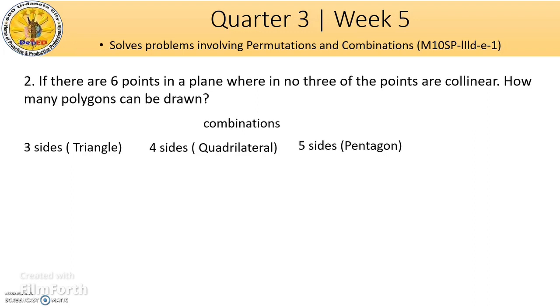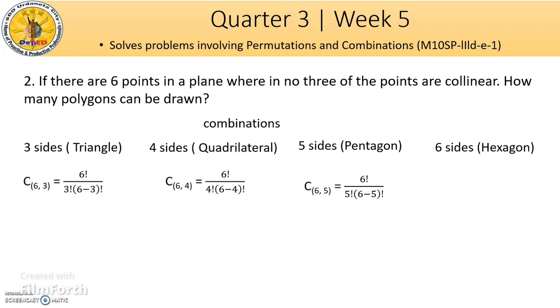And then, since we have a maximum of 6 points, up to 6 sides, which is a hexagon. So, let us get the combination of 3 sides, the combination of 4 sides, the combination of 5 sides, and the combination of 6 sides.